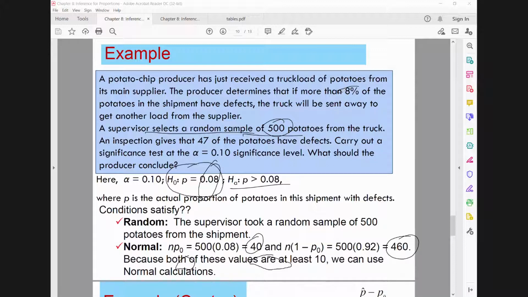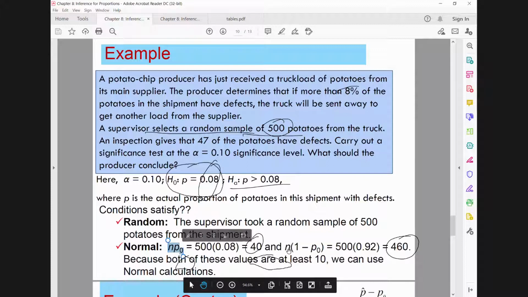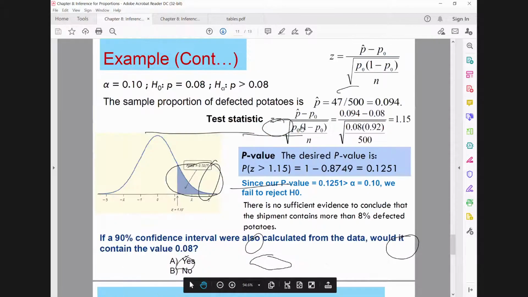By the way, both are more than 10, so no problem, we can evaluate the z-score. Why? Because we can approximate by the normal distribution, since the number of successes and the number of failures are more than 10.